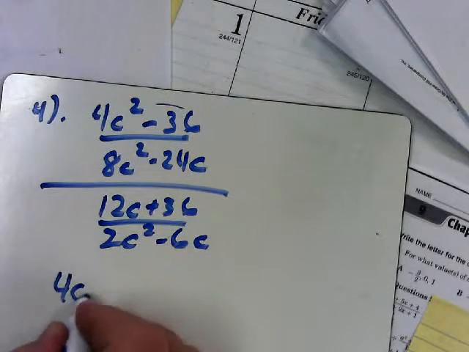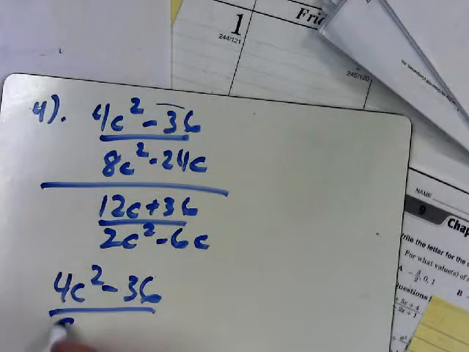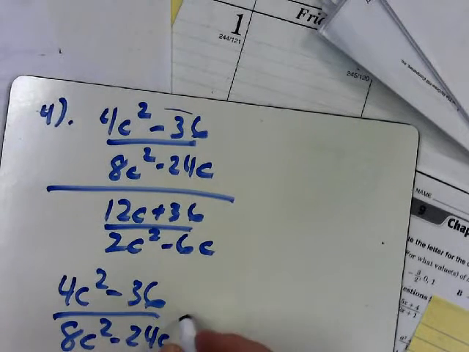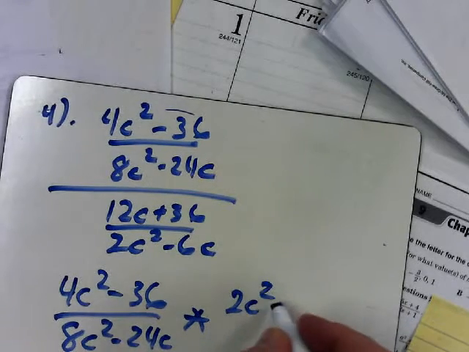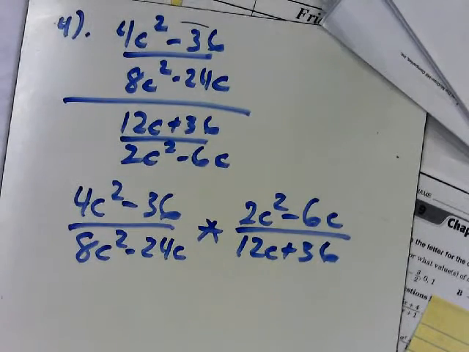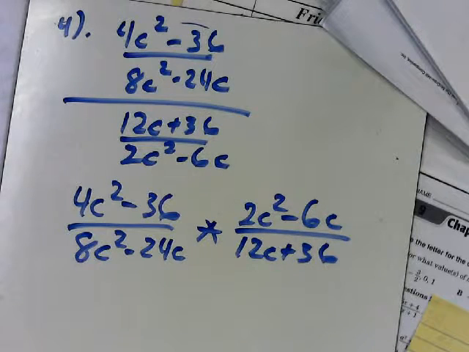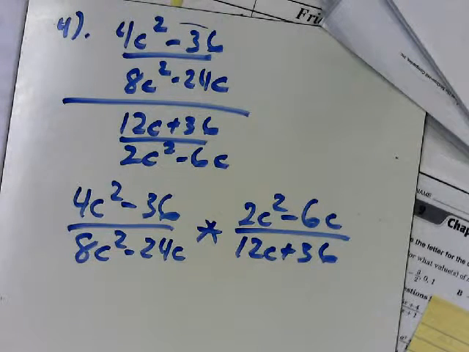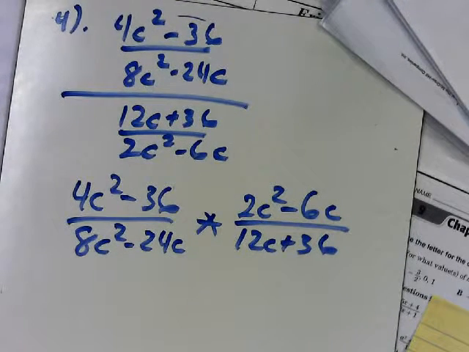So if I did the flipping and everything all in one step, I'd have a problem that looks like this. So I need to see if I can factor since I have a lot of binomials. First one to factor, 4c squared minus 36.